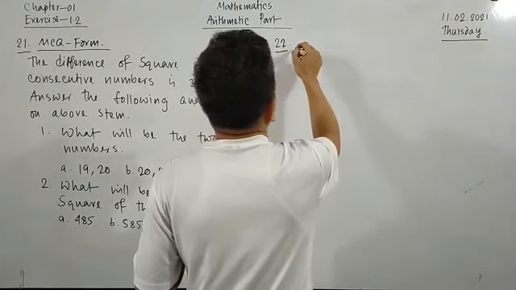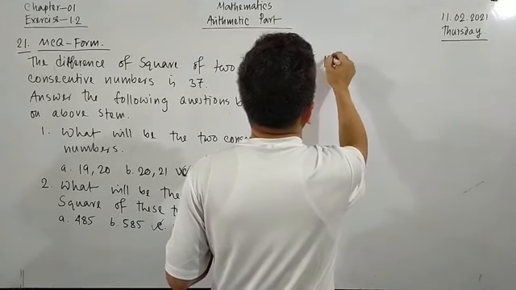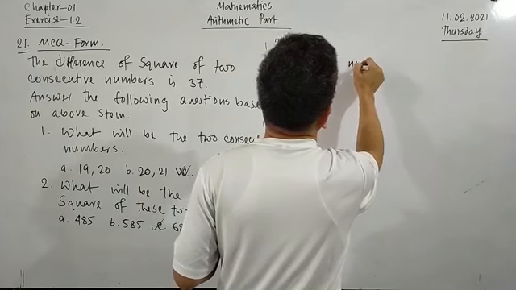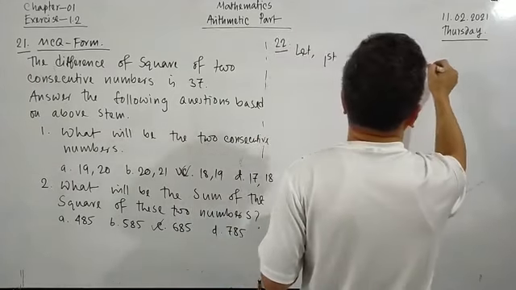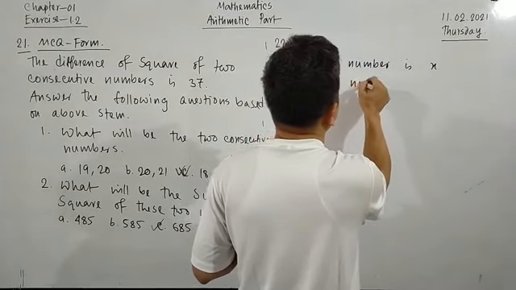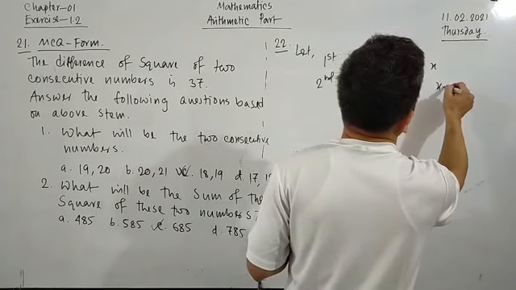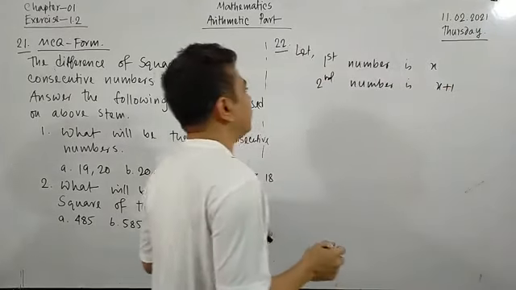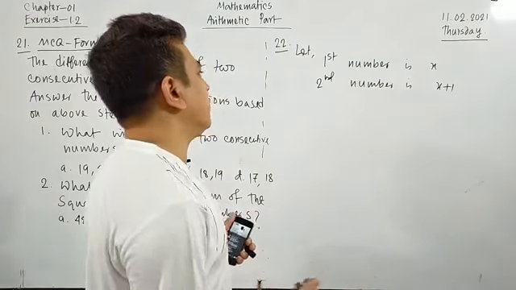Okay, let the first number be x, and the second number, of course, should be x plus 1, because they are consecutive numbers.